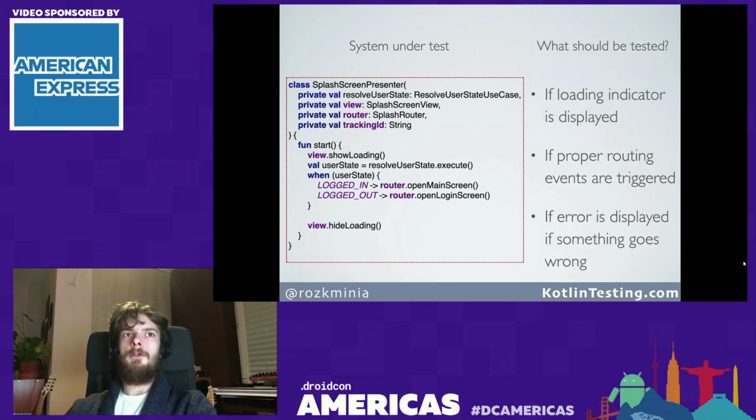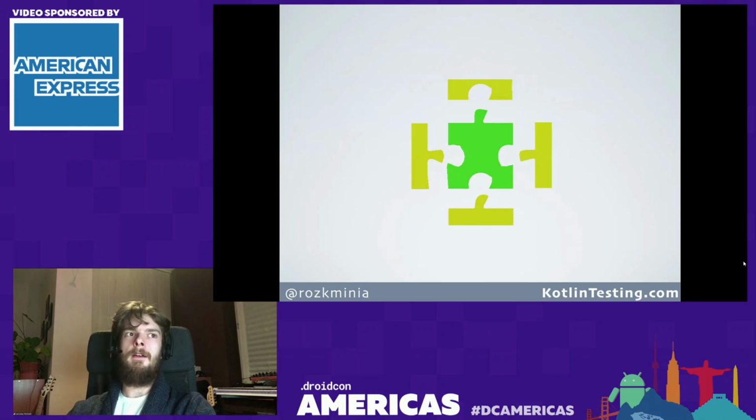So what should we test? Of course, we should test stuff like displaying the loading indicator, routing to proper places in the app, and displaying an error if something goes wrong. So if we take a look at the puzzle once again, our system under test would be the splash screen presenter.